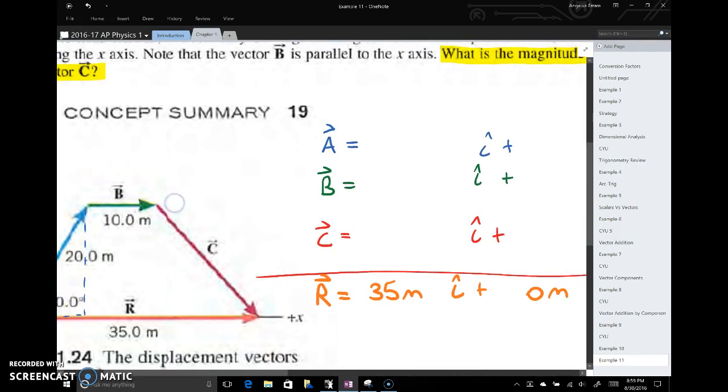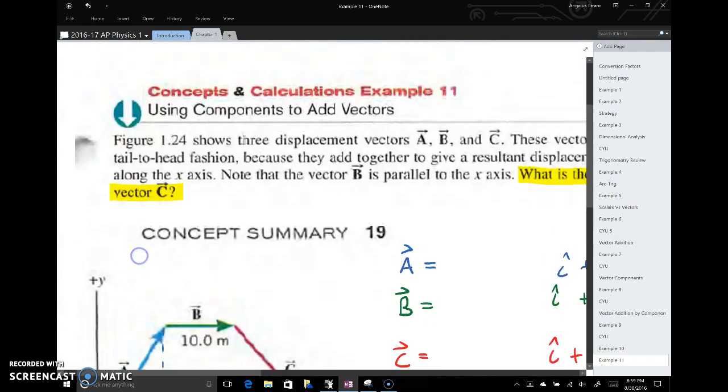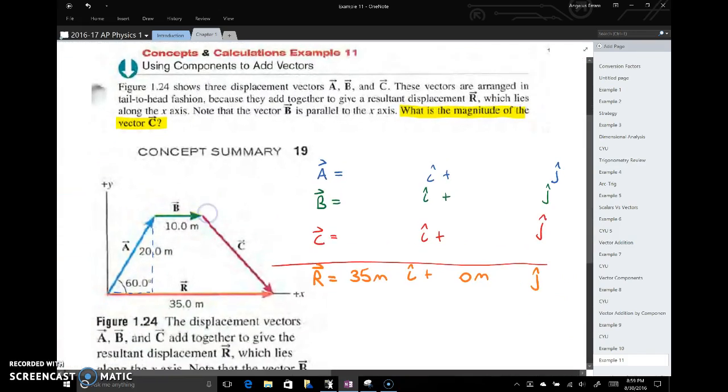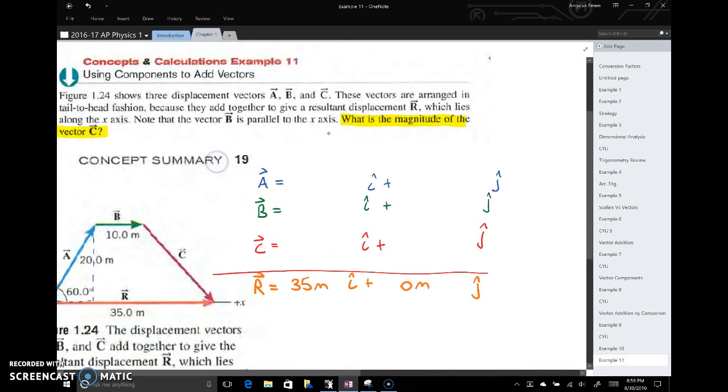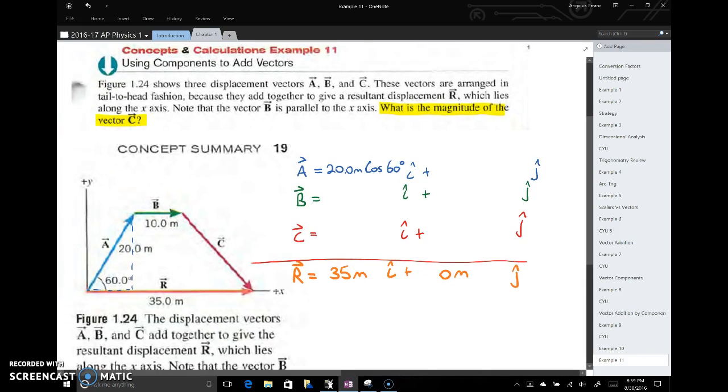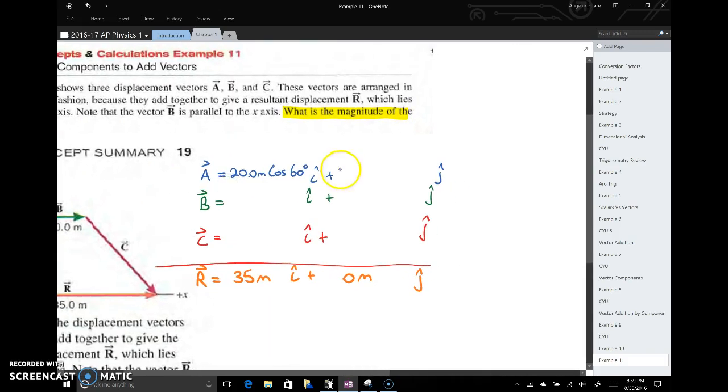What's the magnitude of A? Oh, 20 meters. Okay, so we're going to have 20 cosine 60 degrees, and then the vertical component is going to be sine. So we'll have 20.0 meters sine 60 degrees.